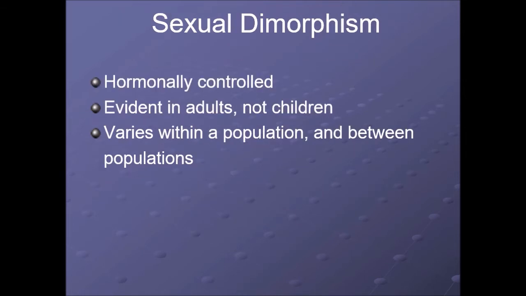Sexual dimorphism, as I mentioned, is hormonally controlled. It's evident in adults, not in children. We cannot perceive the difference in prepubescent children between male and female. It just does not show up. It can vary within a population and between populations.